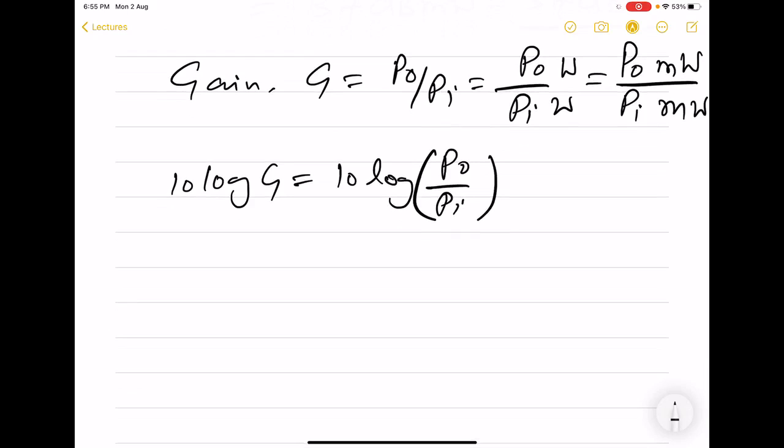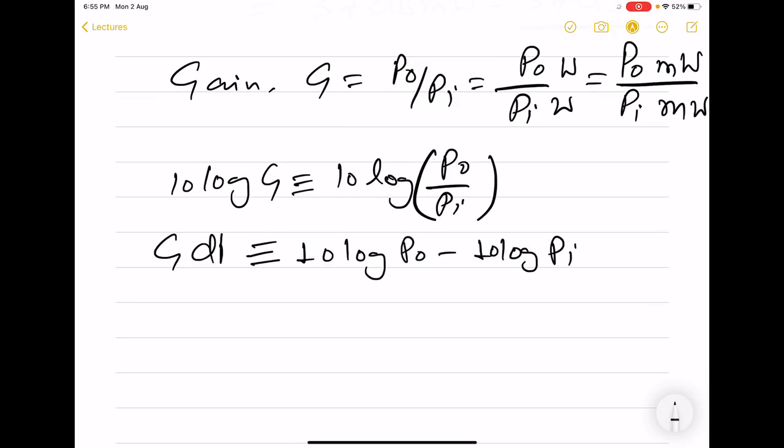Now this can be converted into difference of two quantities. So 10 log PO minus 10 log PI. So this is gain in dB.